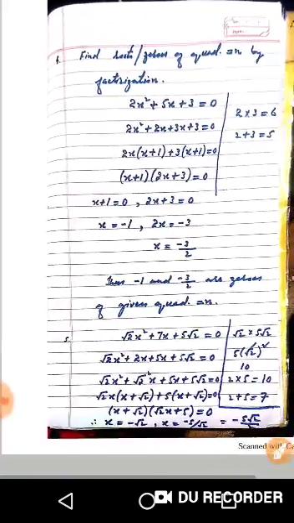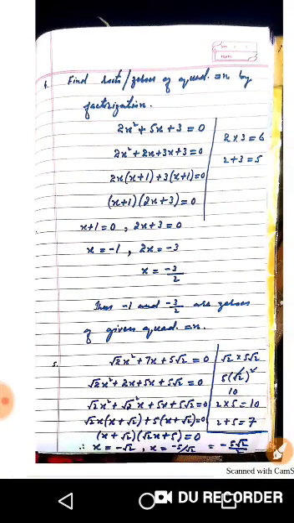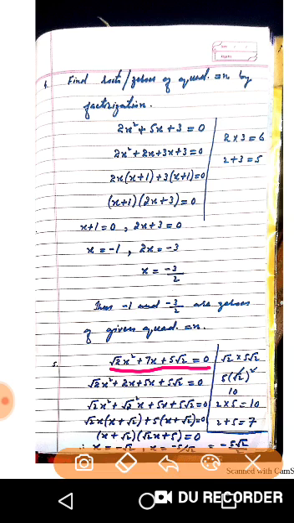We have here a question given: √2x² + 7x + 5√2 is equal to 0, this one, and we are being told to find its zeros by factorization method. We'll use the same thing which we have done in the above case.